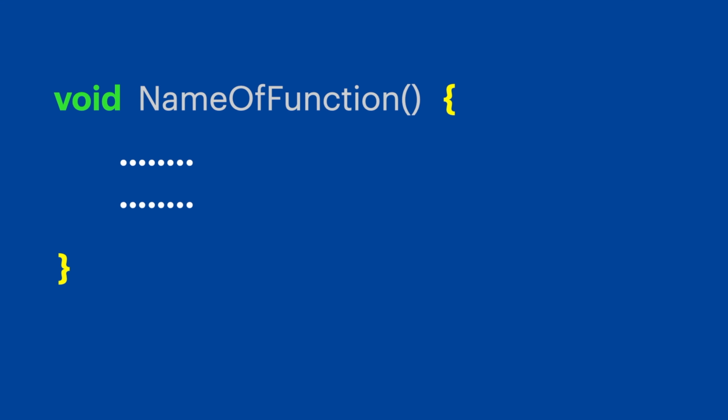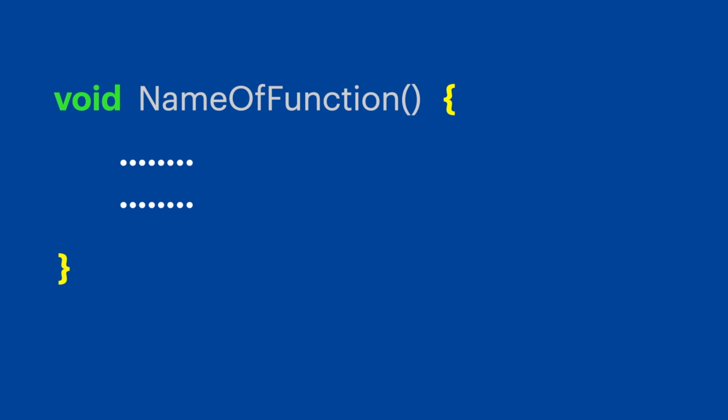So in that case, we give the return type of the function as void. Void return type does not return anything. Now, void is a reserved keyword in Java, and that's why I have colored it in green.